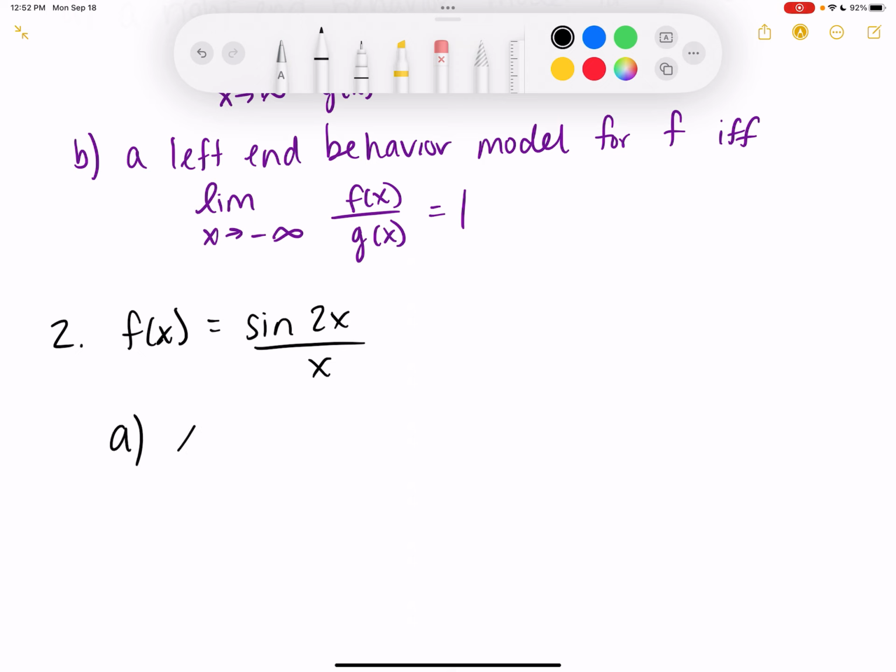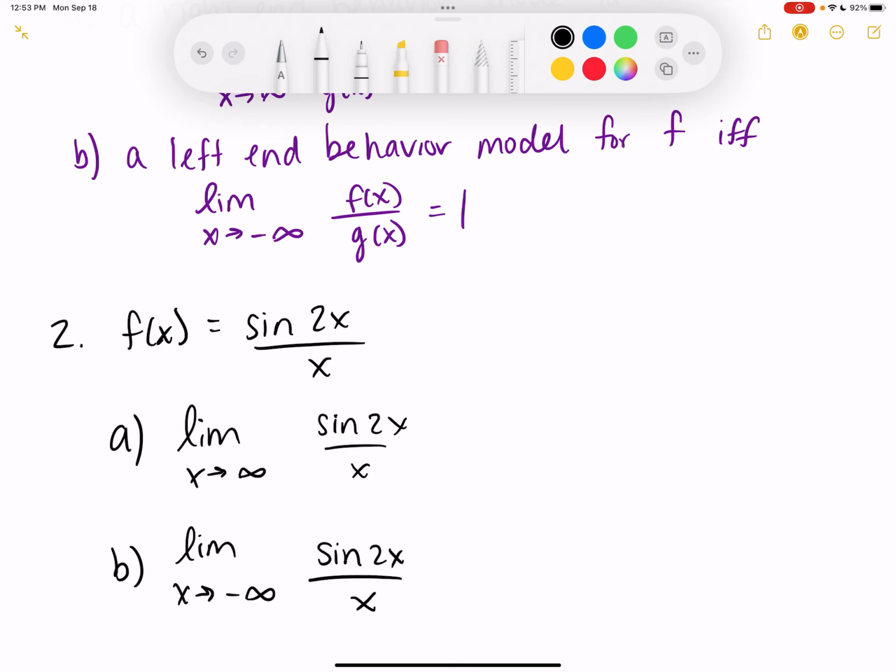We're doing the limit as x approaches infinity of sine of 2x over x, and then the limit as x approaches negative infinity of sine of 2x over x. And then we'll do horizontal asymptotes, but I'll save that for the moment.